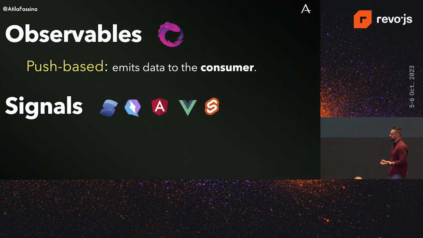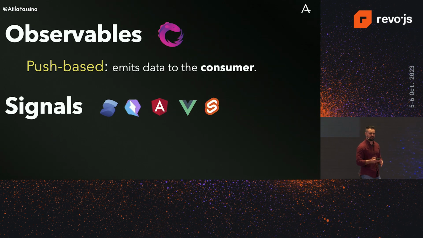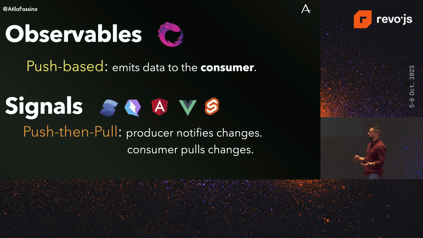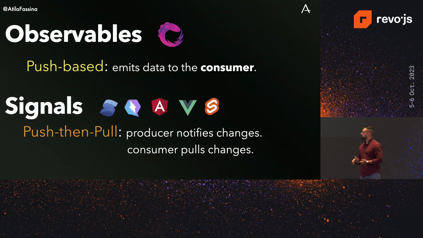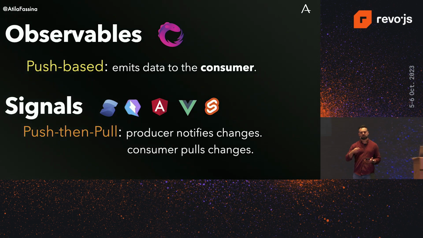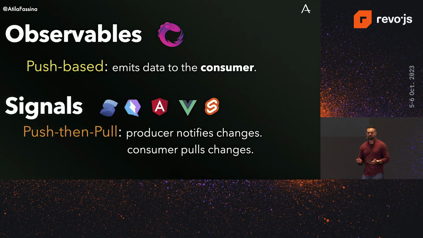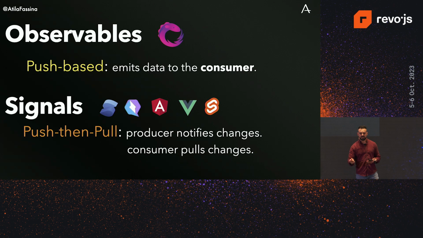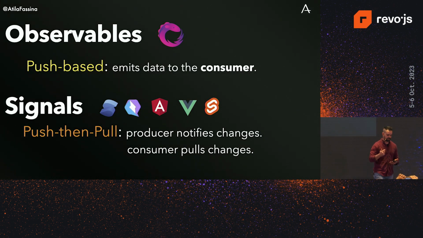Observables are push-based, which means they're going to emit the data to the consumer, while signals, as I mentioned in the slide before, are push then pull. The producer is going to notify the changes, so then the consumer can pull the changes. So it's going to say, something changed here in this state, and then they're going to say, okay, let's call the getter, and that's going to work.